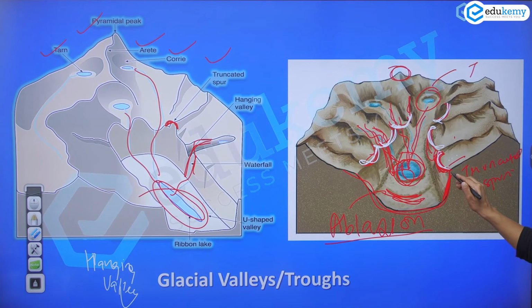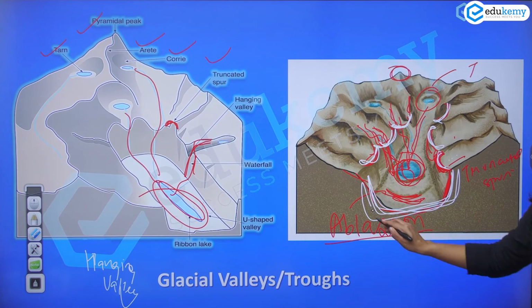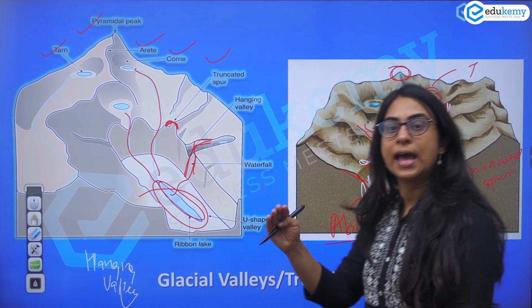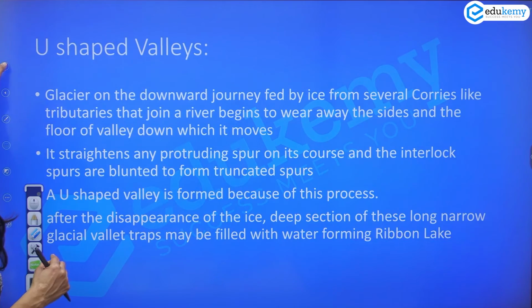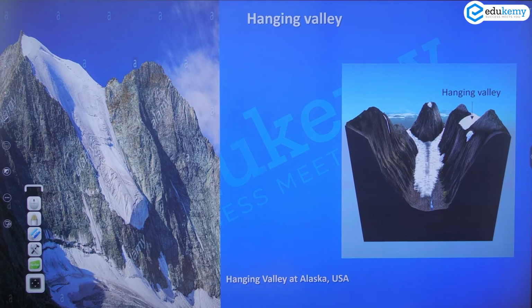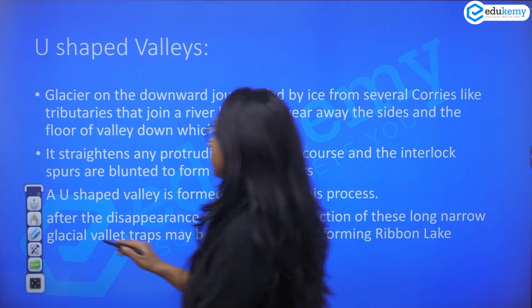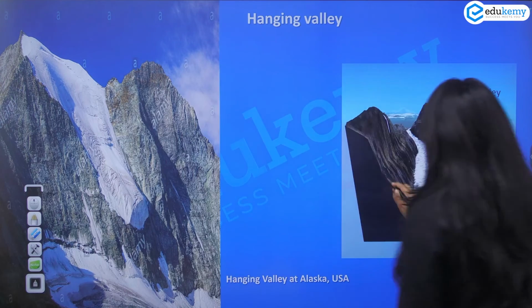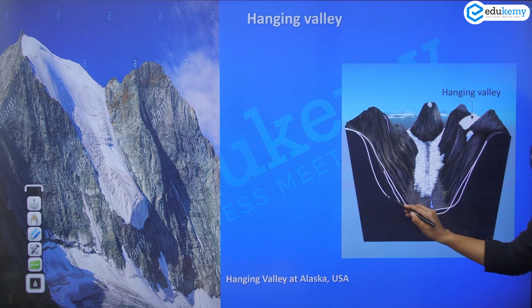Why is it hanging? Because it is hanging above the main valley. This is the main valley and it is hanging above the main valley. Understood? This is a hanging valley. So here, this is the main U-shaped valley.